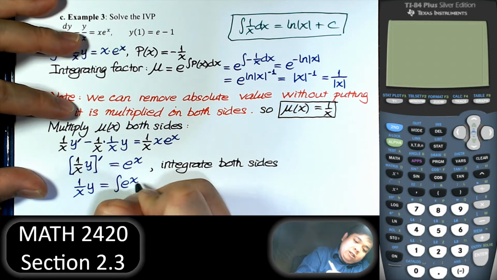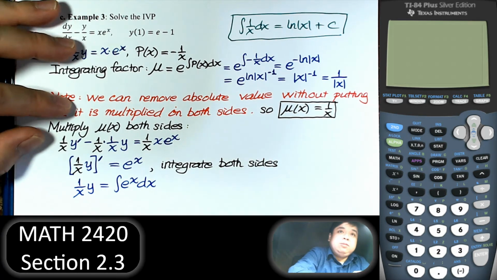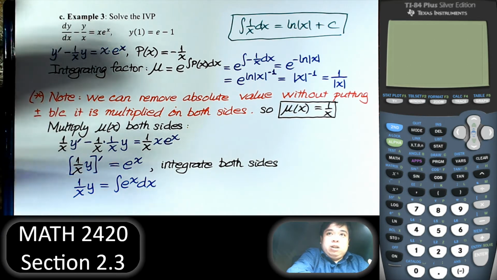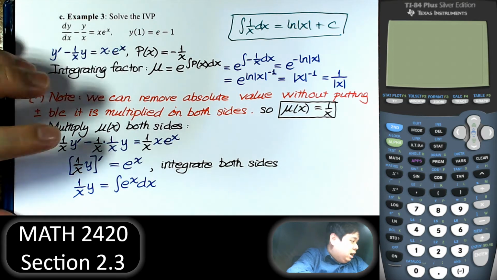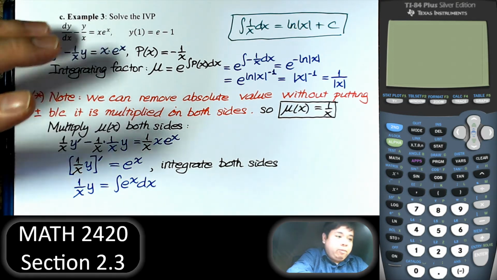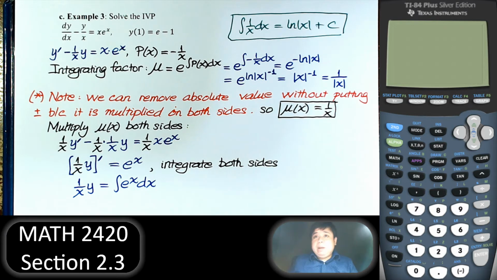So on the left-hand side we have 1 over x, y, and just the integral of e to the x dx. The examples in this section are, I realized, a little bit simple. In the homework it might be more complicated, but it's still integration. If you have any questions, please send me an email, or you can schedule a time during my office hour and we can do any complicated integration by parts or any complicated problem.